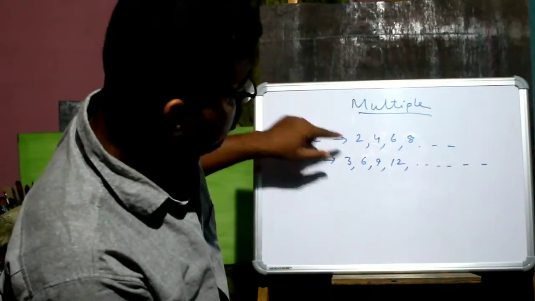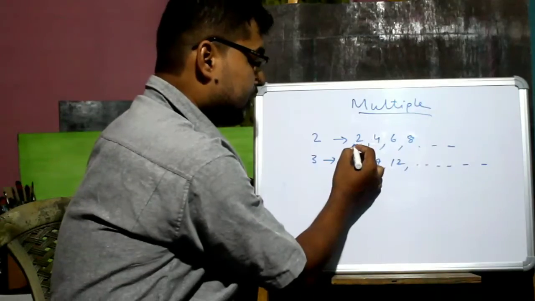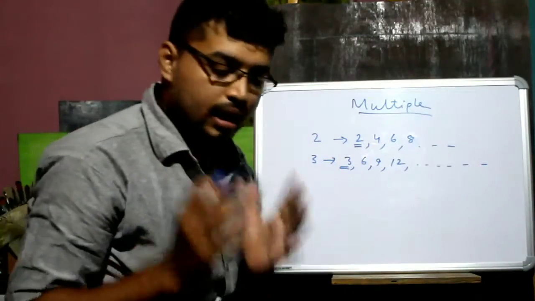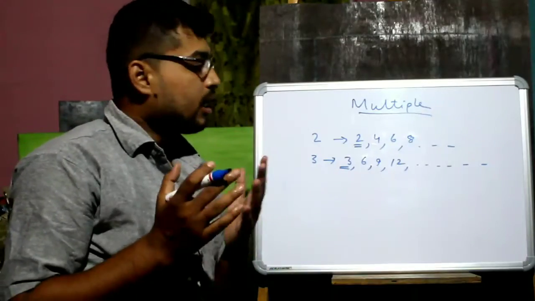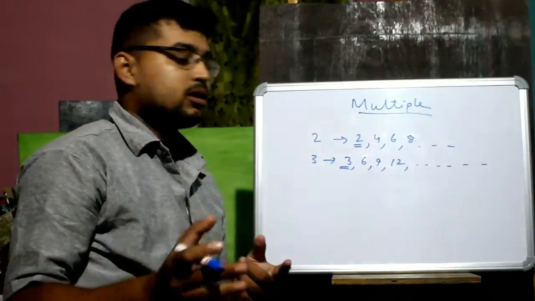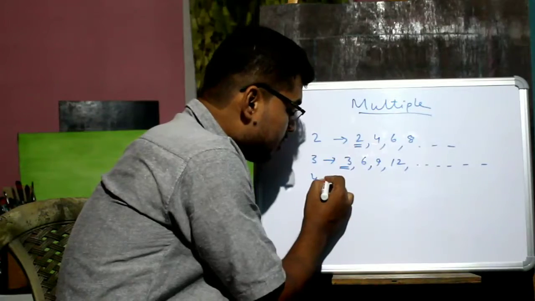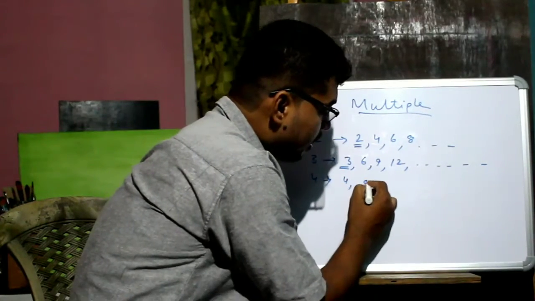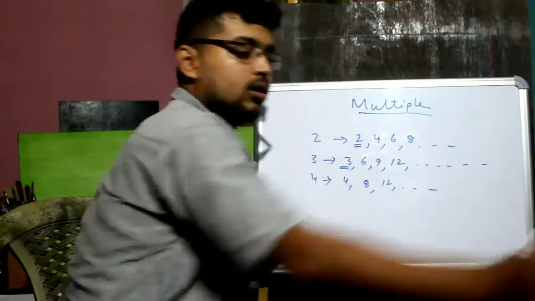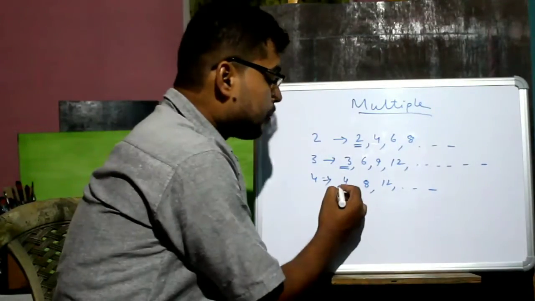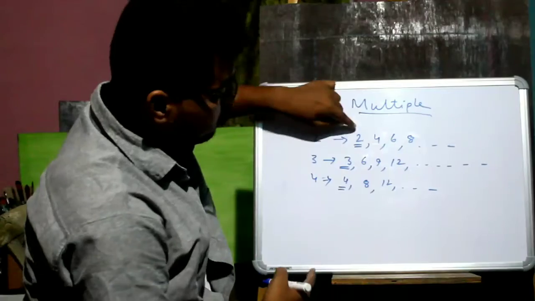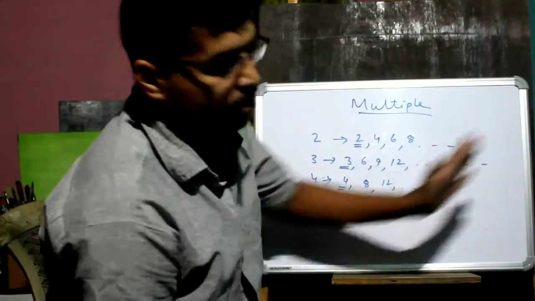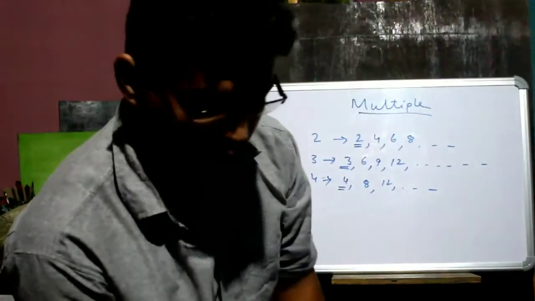For 2 it is 2, for 3 it is 3, for 4 the first multiple is 4, then 8, then 12, and so on.